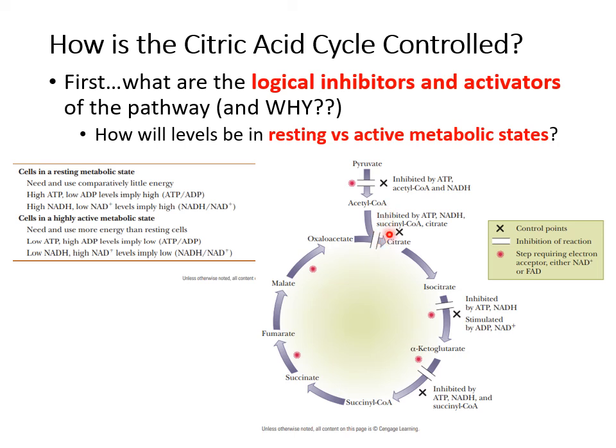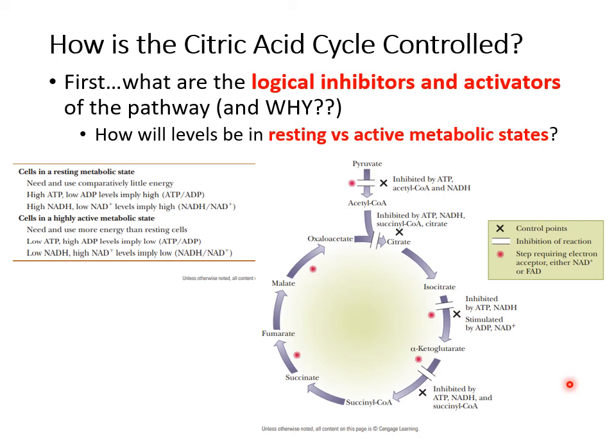And you'll notice that because the citric acid cycle is ultimately part of a pathway to make ATP, an energy source for a cell, you'll see throughout the cycle that ATP in each of the steps is a big inhibitor for the citric acid cycle. If the cell has a lot of ATP, it doesn't need to go through this huge cycle to make more.